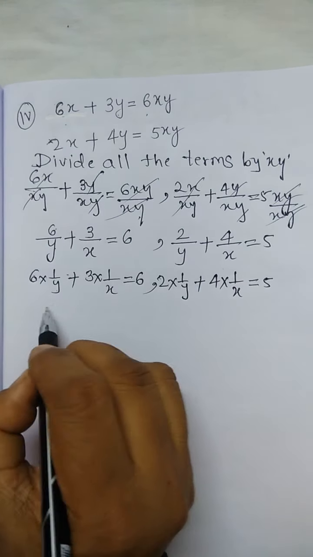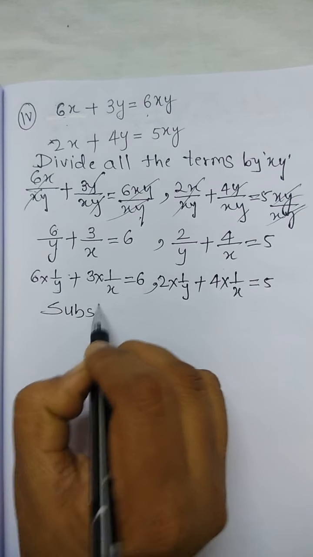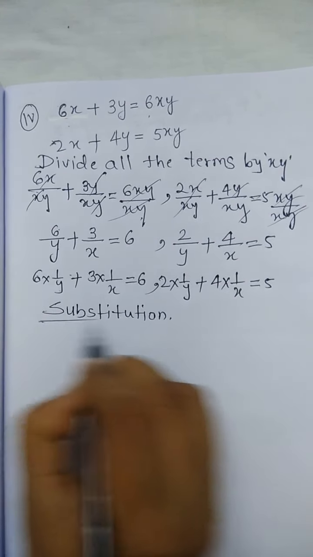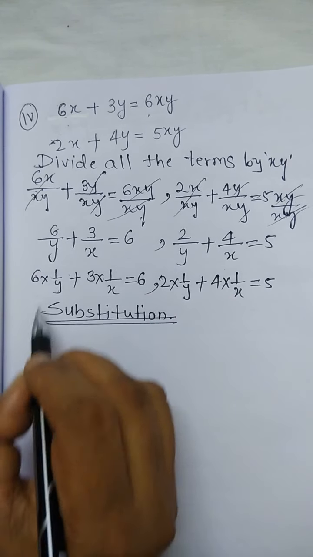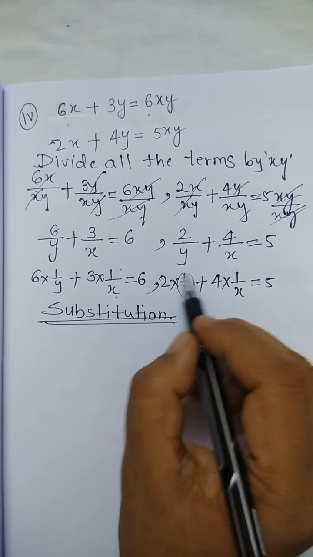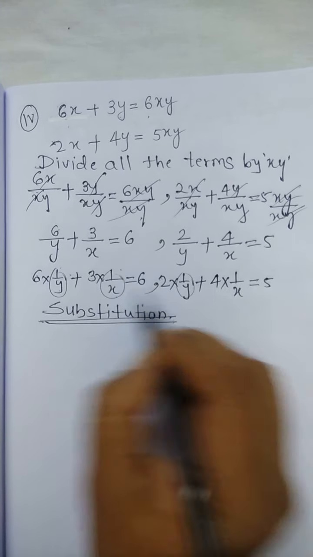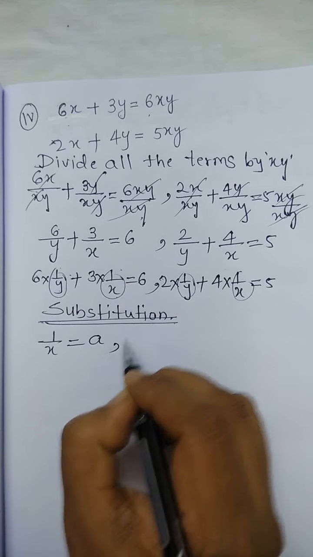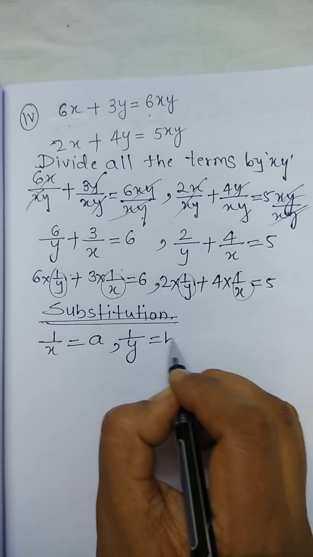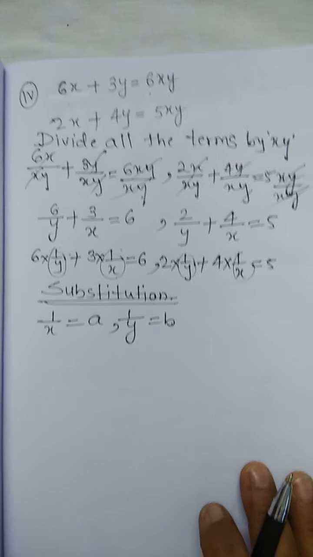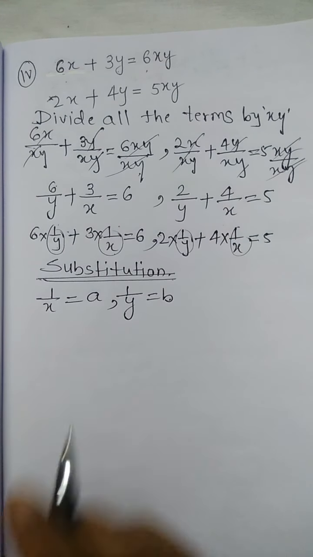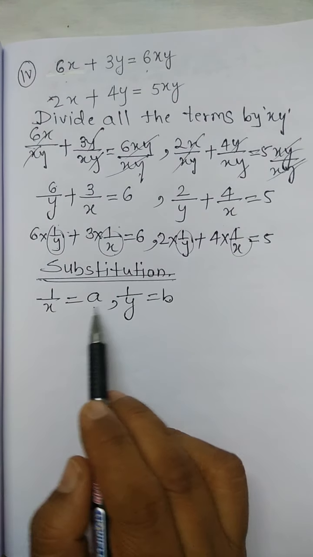Now substitution. What substitution will you do? Yes, 1 by y and 1 by x, the same in both the equations. So 1 by x you substitute as a, 1 by y you substitute as b. You can take your own alphabets for substitution. It is not necessary that you should take a and b.